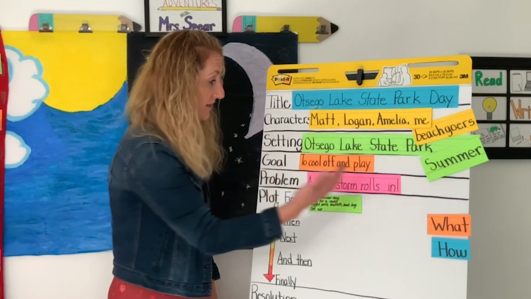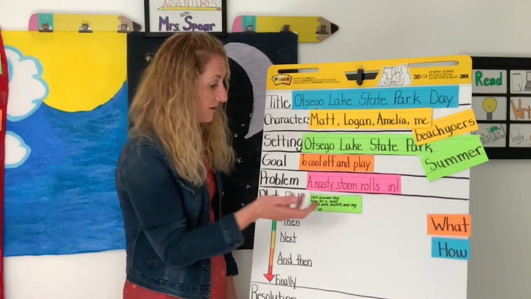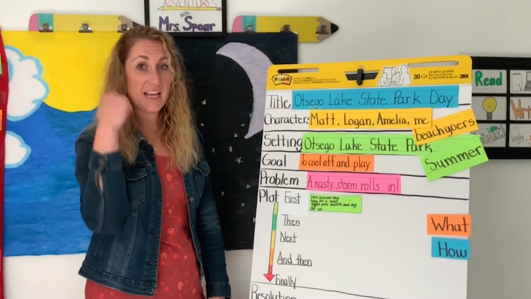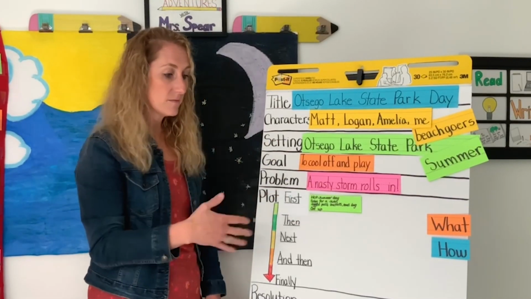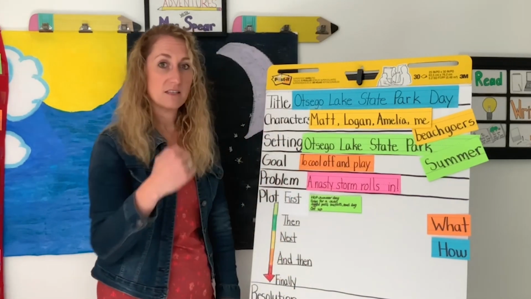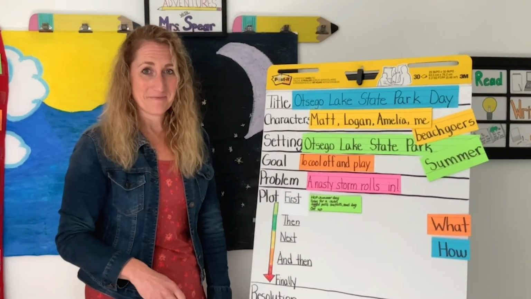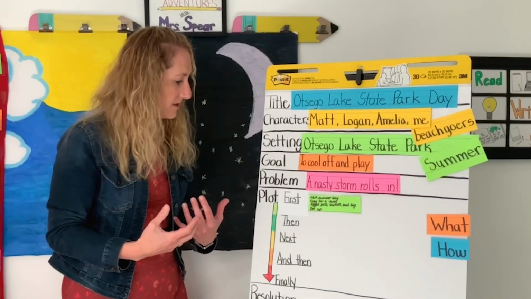You might draw a picture of a beach pail. You might draw a picture of towels laying on the beach to help you remember. And then maybe just write a couple of words. That's what writers do. They give themselves organized ways to think about what they're going to write about, and then they give themselves clues to help them along the way. So that was first. Getting there and we're getting all set up.